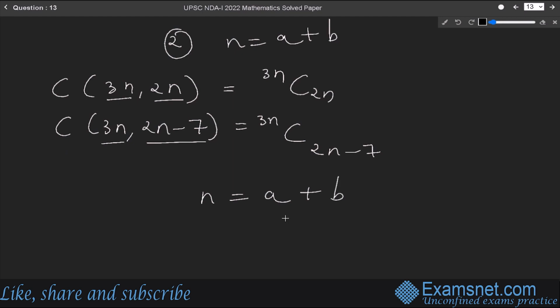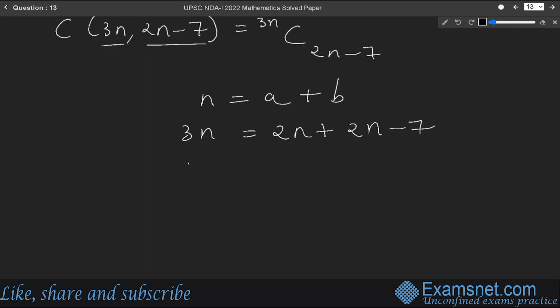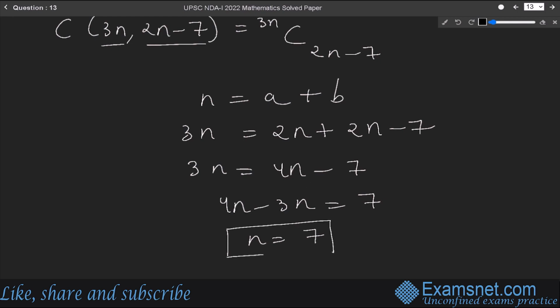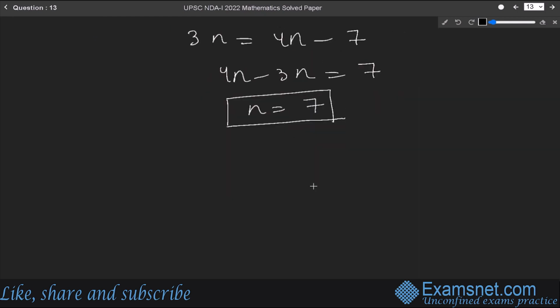Here the value of n is 3n, which is equal to a + b, 2n + 2n - 7. Further solving this, we get 3n is equal to 4n - 7. 4n - 3n is equal to 7, and n is equal to 7. So we have got the value of n. Now we have to find the value of C(n, n - 5).